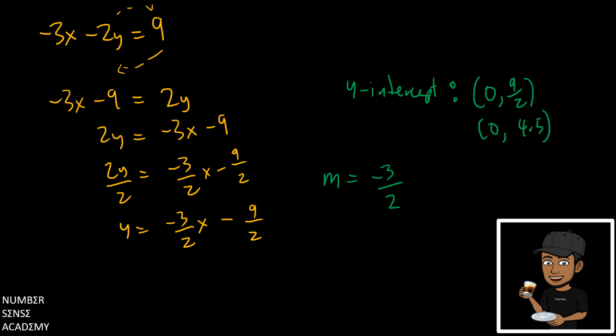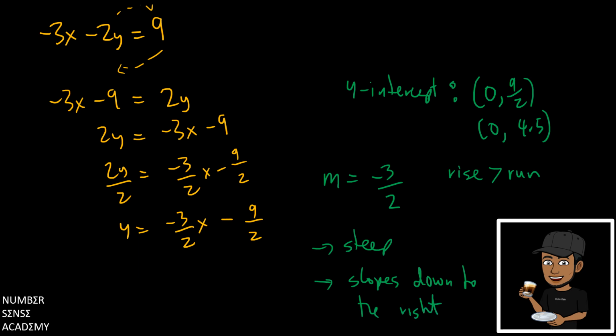So if we ignore the negative sign, we can say the rise is greater than the run, right? So it's steep. And not just that it's steep, it slopes down to the right because of the negative slope. Okay?